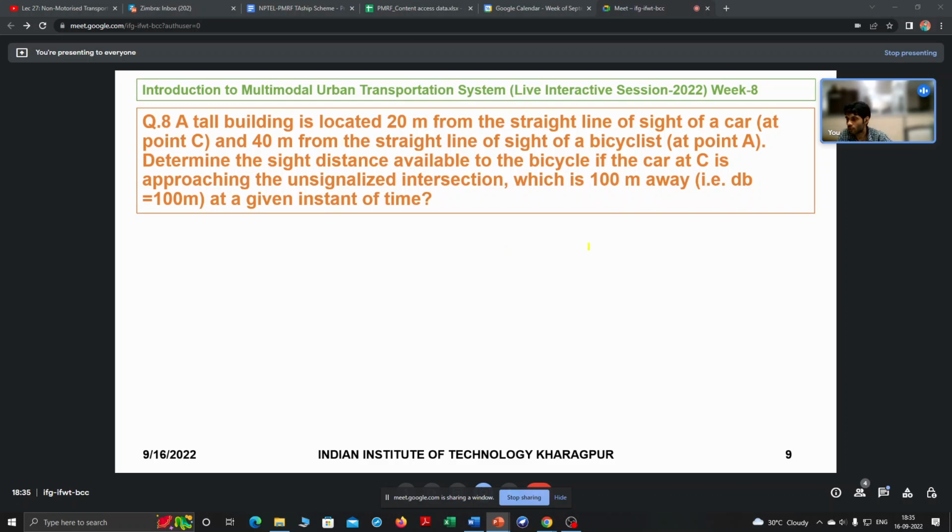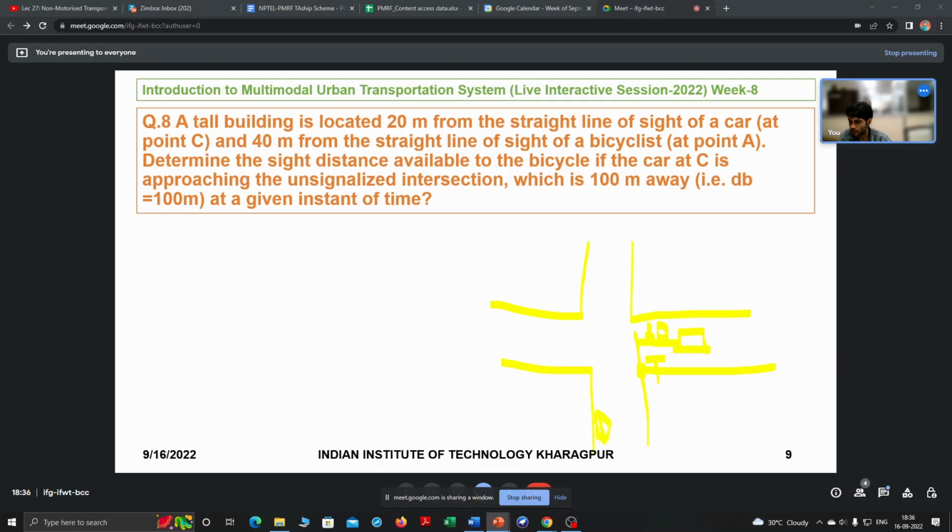So maybe I should try to draw the diagram. So this is the intersection, and imagine this is the corner of a tall building. Imagine like this. So now 20 meter of a car. So this is the car, and this is the tall building T, and the corner of the tall building is this. I did not draw the buildings, but imagine this is the point of the building. So now this value is 20 meter, and if you have a bicycle here, it's a bicycle, right?